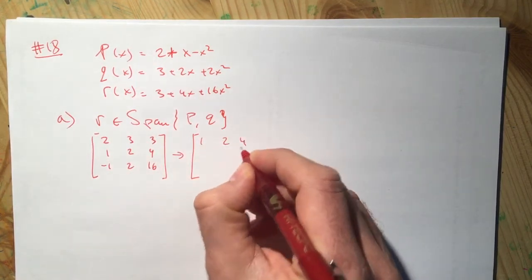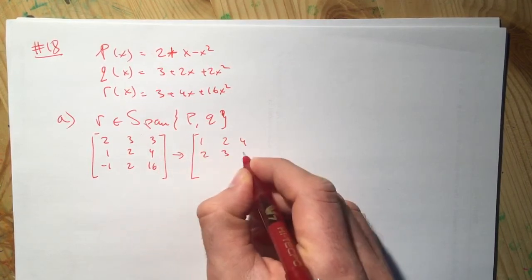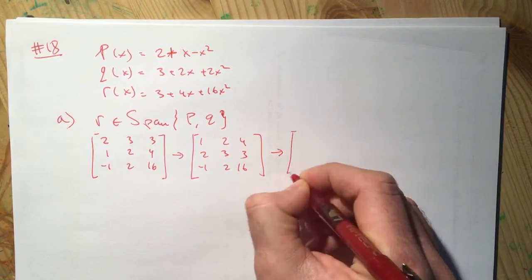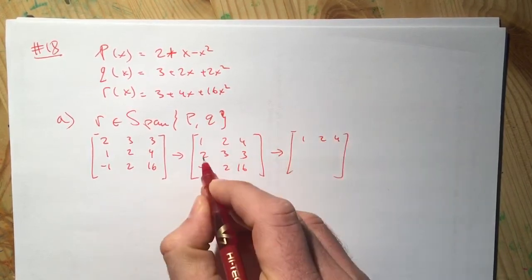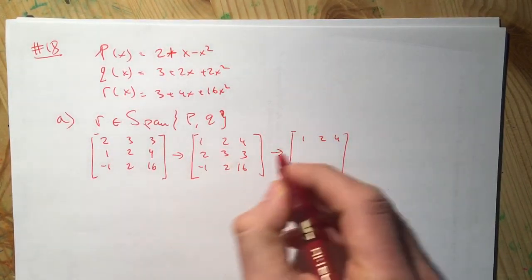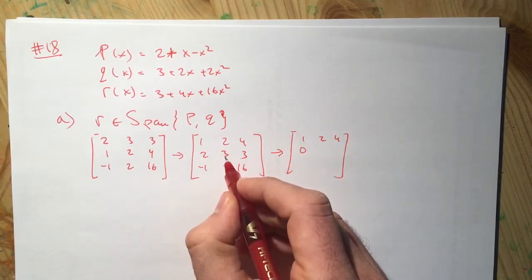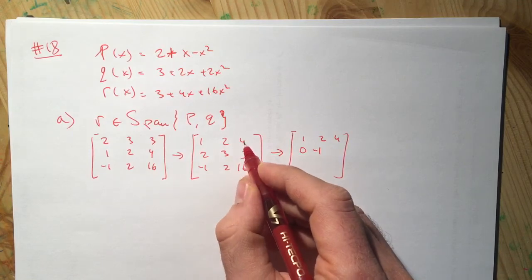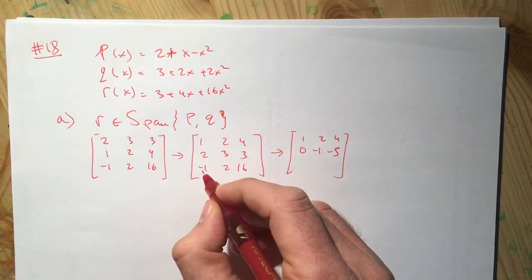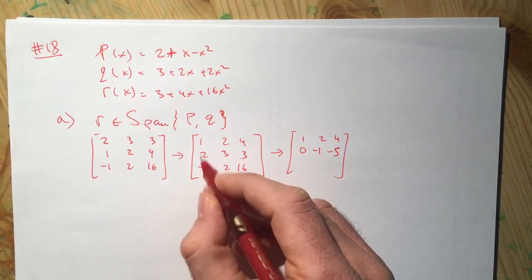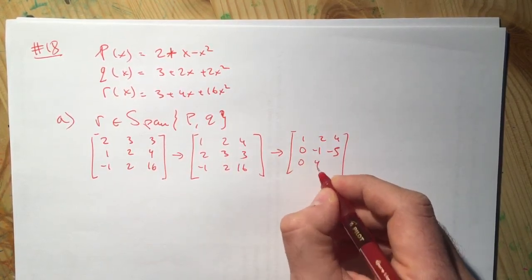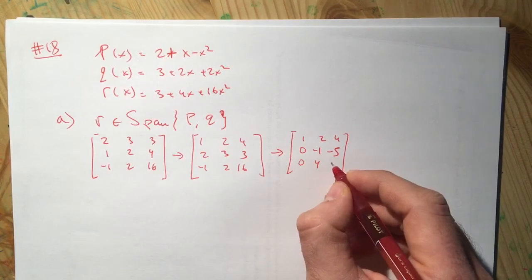So 1, 2, 4, I flip the first two rows, 2, 3, 3, negative 1, 2, 16. 1, 2, 4, the second row minus 2 times the first row is 0, 3 minus 4, negative 1, 3 minus 8, negative 5, and then I add row 3 plus row 1, that's 0, 2 plus 2 is 4, and 16 plus 4 is 20.